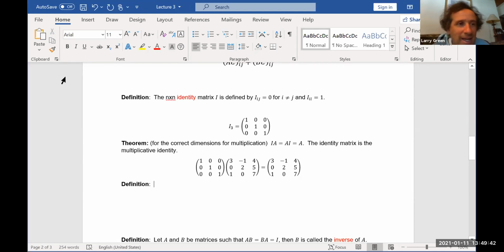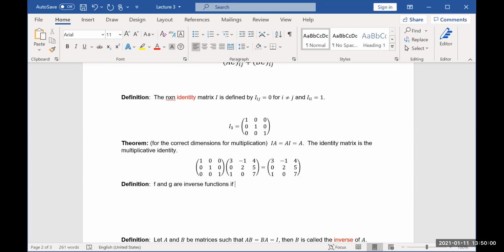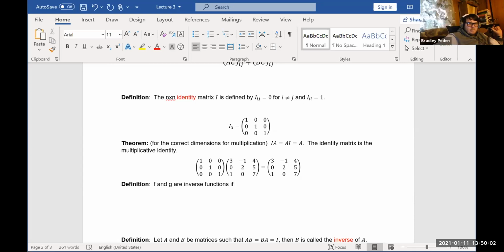And that is: f and g are inverse functions if what? Do you remember? If f of g equals 0? Not quite. You're good until the end.